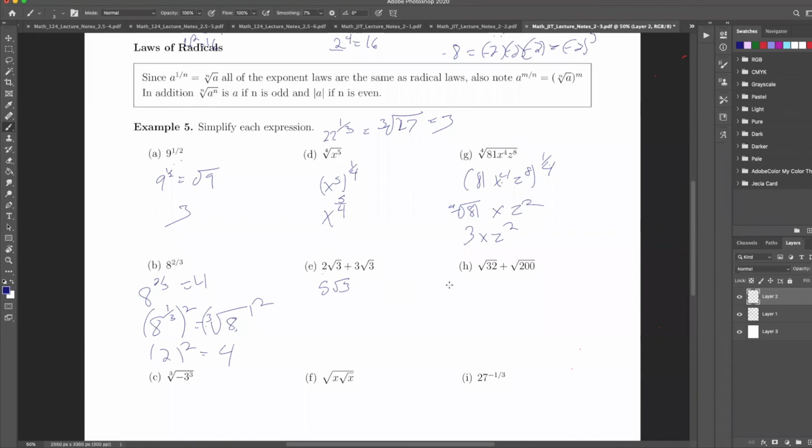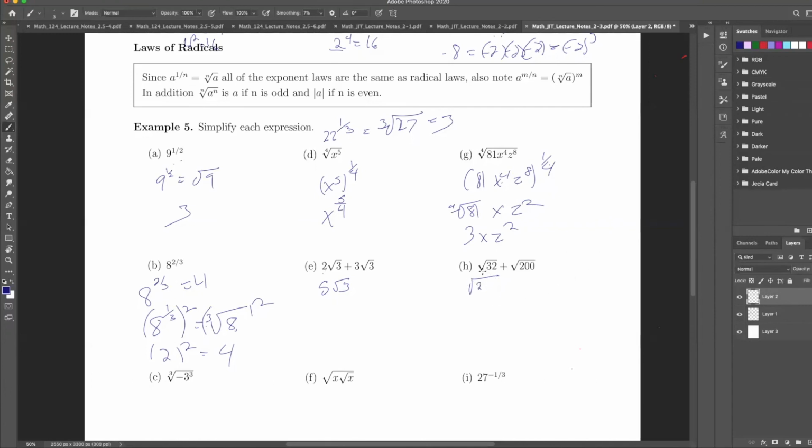Here, if I see something like this, how can I simplify it? Well, I can simplify 32 as 2 times 2 times 2 times 2 times 2, but let's not do it that way, I think I'll get you lost.